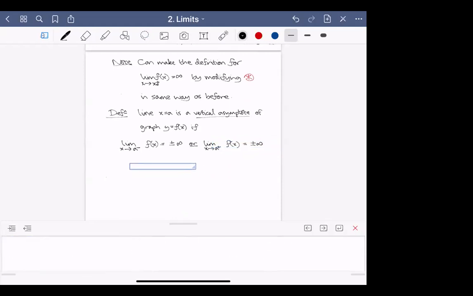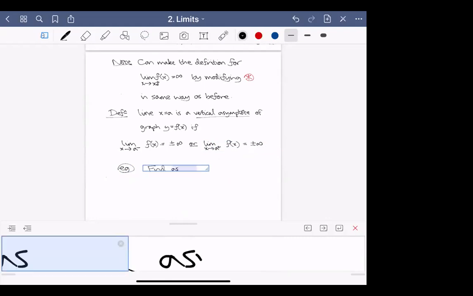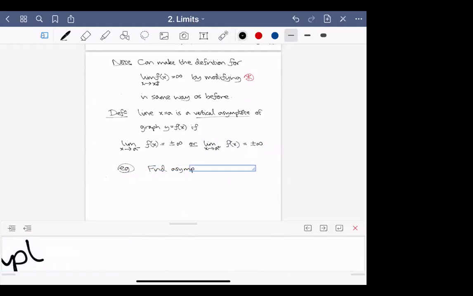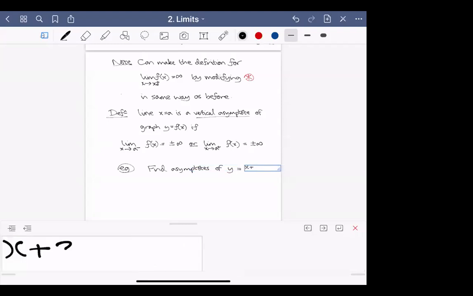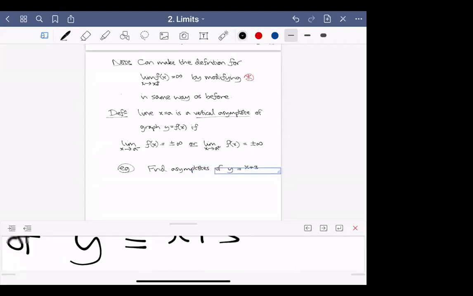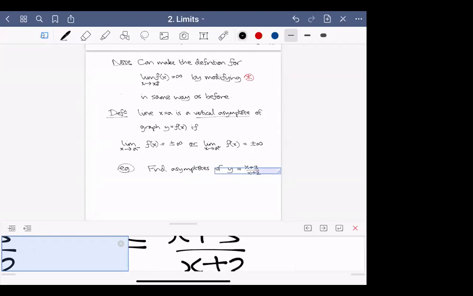Okay, so let's now calculate for an example we saw before. Let's find all the asymptotes of y equals x plus 3 over x plus 2.